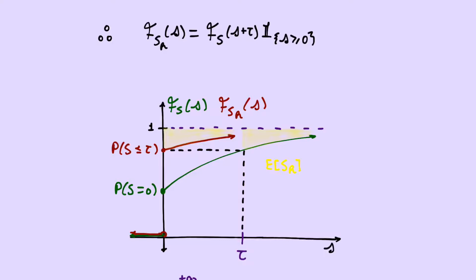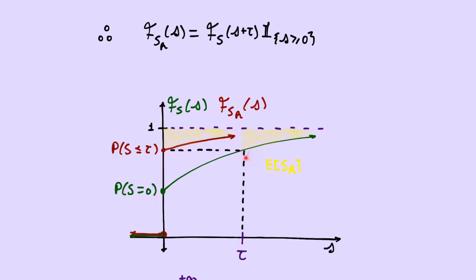The area that is above this curve would be the expectation of SR. But since this is the same curve as this green curve, only in this part, it would also be the same area over this other graph, but starting at tau, not over all the positive real numbers, just for the real numbers that are strictly greater than tau.